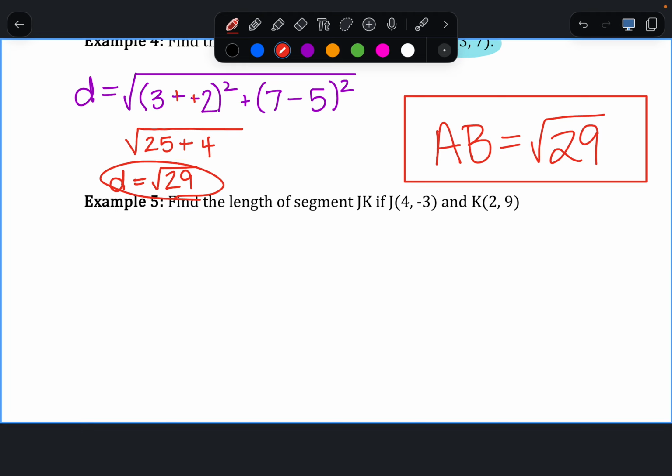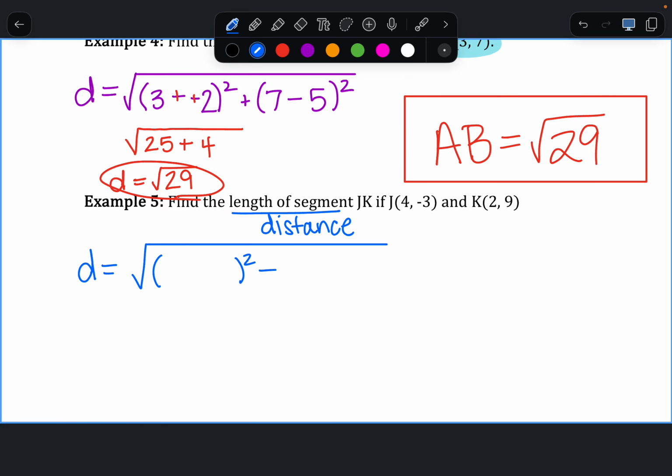So if I'm asking for the segment length, I'm really just asking for the distance. Okay, so here again, we are going to use the distance formula.